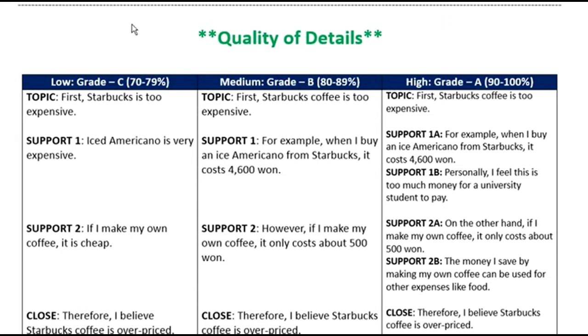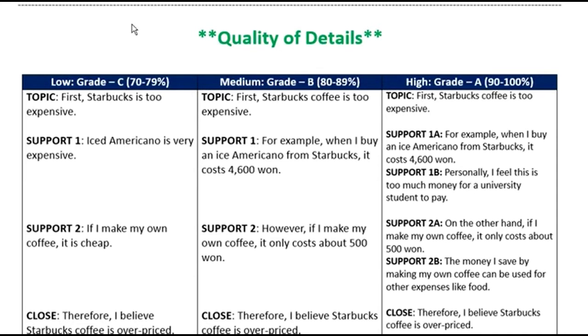Okay, a student who would get a low grade, they might say, first, Starbucks coffee is too expensive. Okay, the support one, iced Americano is very expensive. Okay, not everybody goes to, this might shock some people, but not everybody goes to Starbucks. And not everybody drinks Americano. Not everybody drinks coffee.